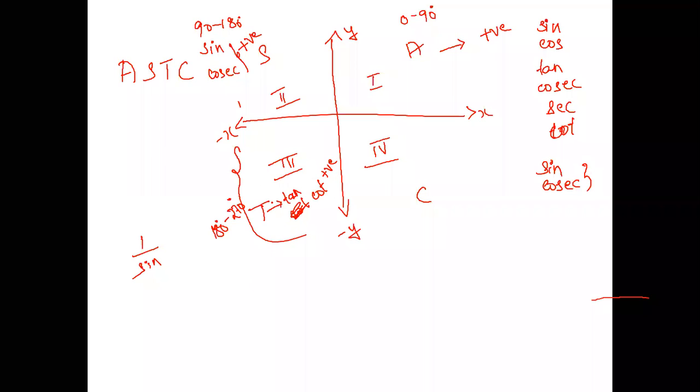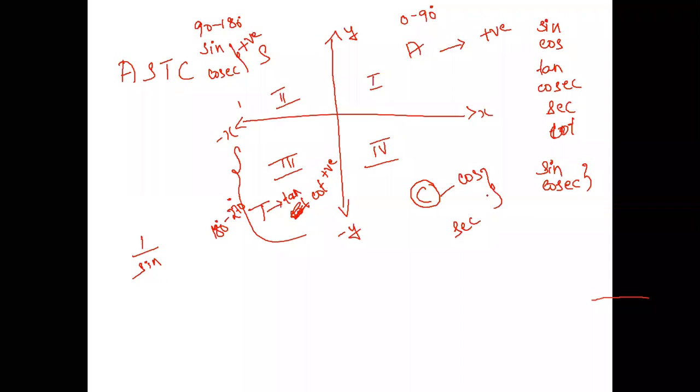Okay. Next, we have C. What does C stand for? Cos. Okay, what is the reciprocal of cos, students? Secant. Good, Sharon. Good, Ambika. Good, Tasmia. So it is secant.